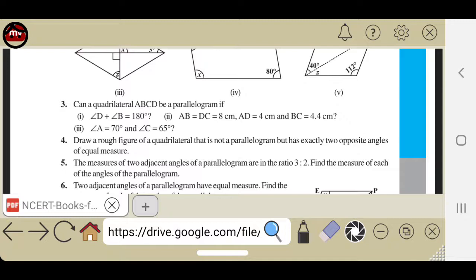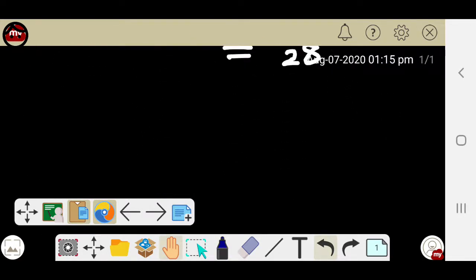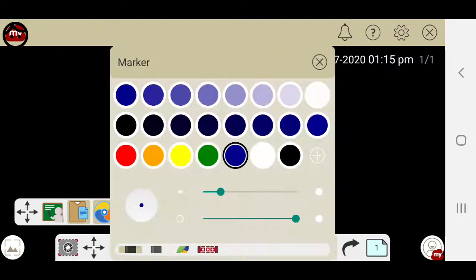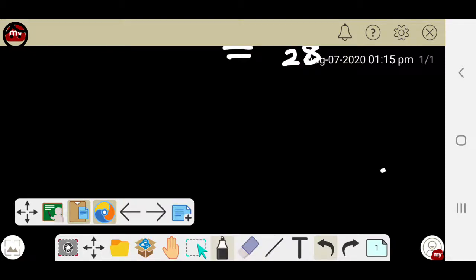Next one, the measures of two adjacent angles of a parallelogram are in the ratio 3:2. Find the measure of each of the angles of the parallelogram. Yes, very good question. You know that in a parallelogram, the sum of adjacent angles is 180, and the ratio is given as 3:2.